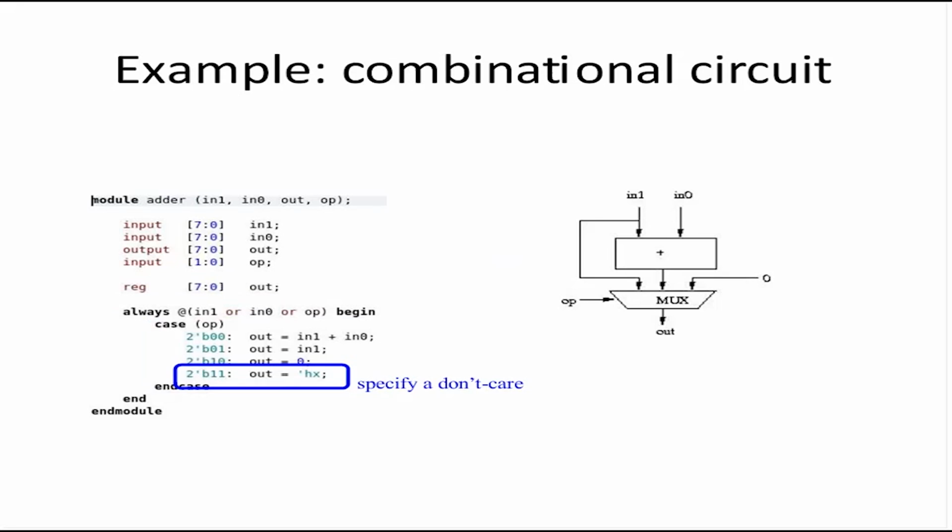Now this out is equal to 1'bx, and x specifies a don't care condition. It tells us that for the case where OP is 2'b11, we do not care what the output is. So now what Design Compiler will do is that most probably it will use the value from 2'b10, that is out being 0.